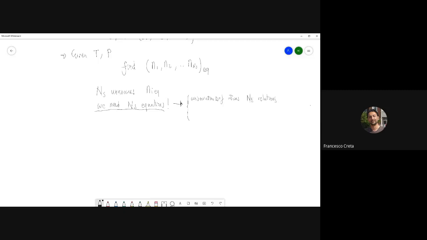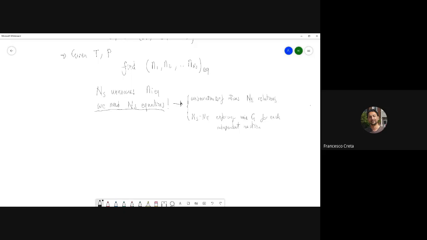So from the conservation of atoms, I have Ne relations, and the remaining Ns minus Ne will come by enforcing a minimum of Gibbs energy for each independent reaction, okay?